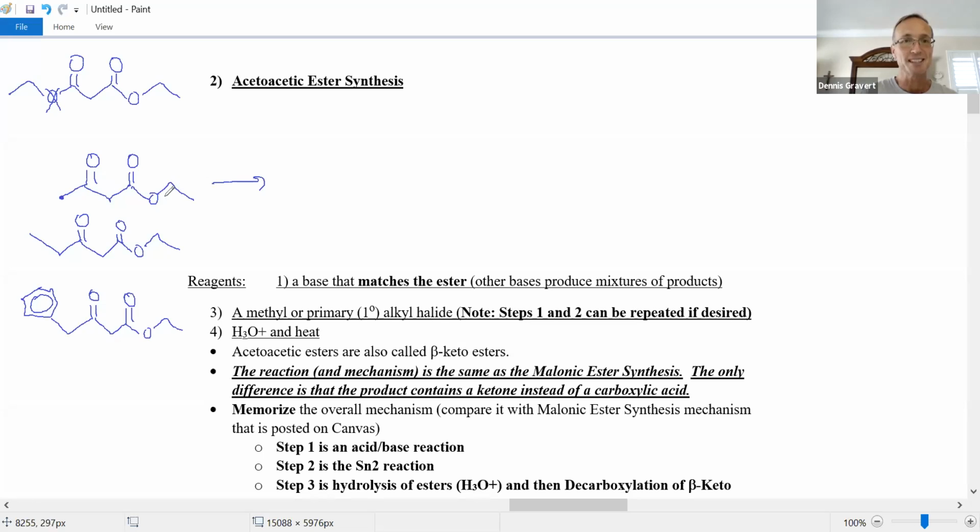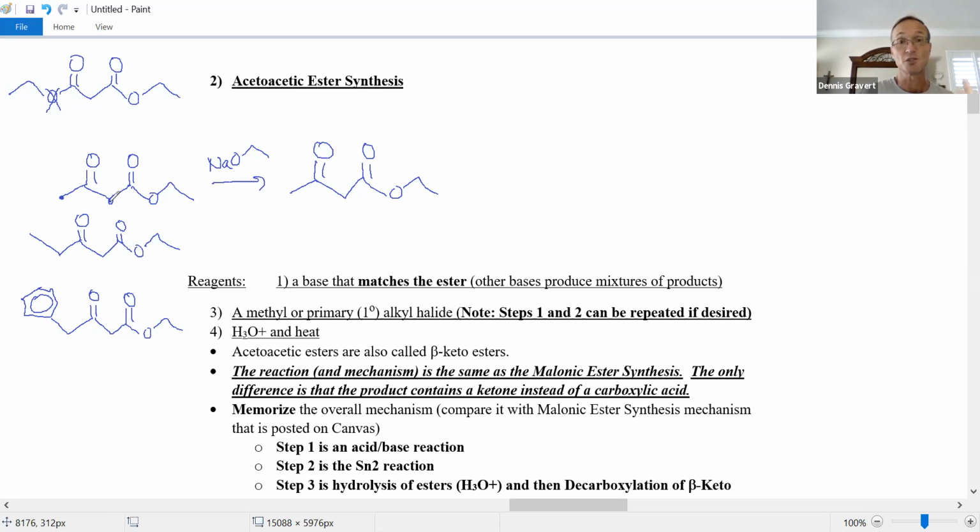Step one, choose a base that matches the ester. Well, I chose ethyl, so gotta keep my ethyl group going. What's this base doing? It's pulling off the alpha hydrogen. But isn't there an alpha hydrogen over here? Yes, there is. Next door to the keto group, there's a hydrogen, it's weakly acidic, but you only get one pair of resonance structures.